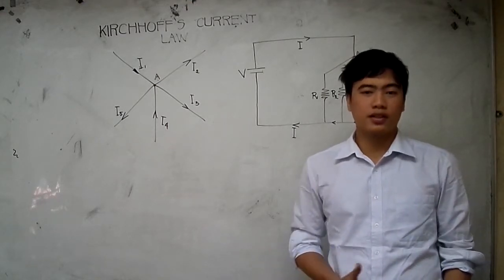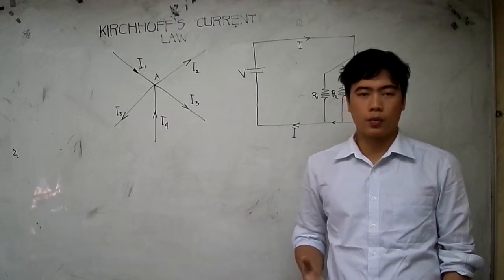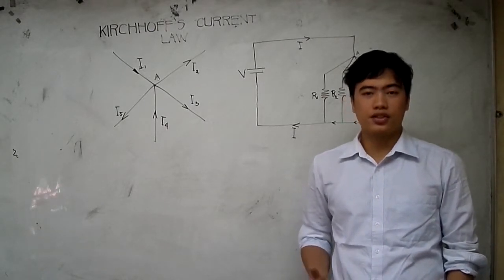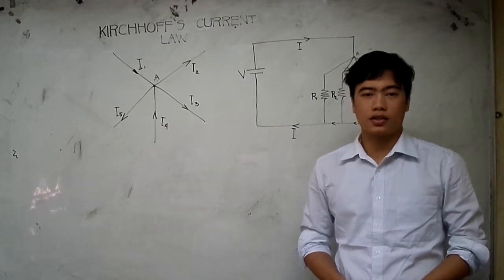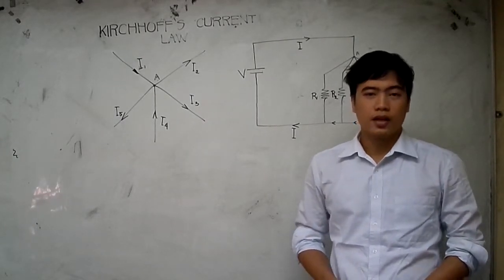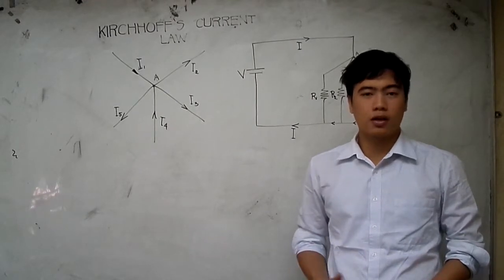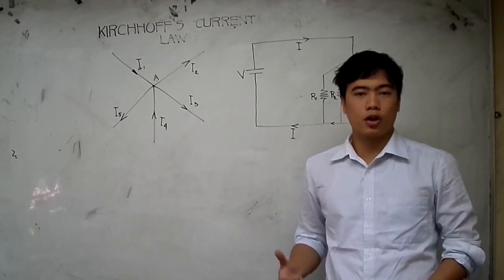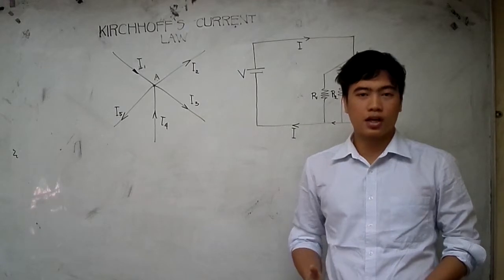In order to understand more, let's put it in another way. It simply means that the total current leaving a junction is equal to the total current entering that junction. It is obviously true because there is no accumulation of charge at the junction of the network.